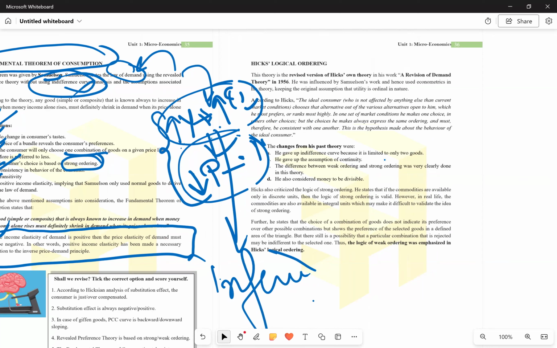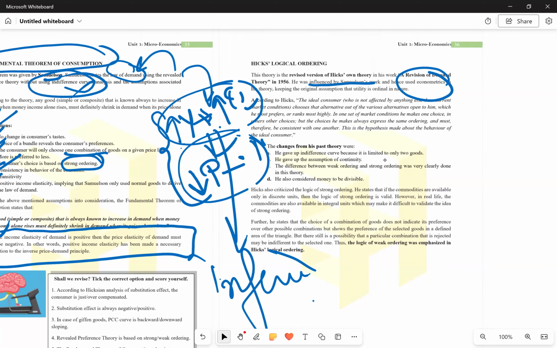Now, then Hicks, after Samuelson gave his theories, right? So Hicks also brought certain revisions in his indifference curve analysis, because it was also criticized. So he was very much influenced by Samuelson's work, and therefore he used econometrics, because indifference curve is mostly theoretical in nature.